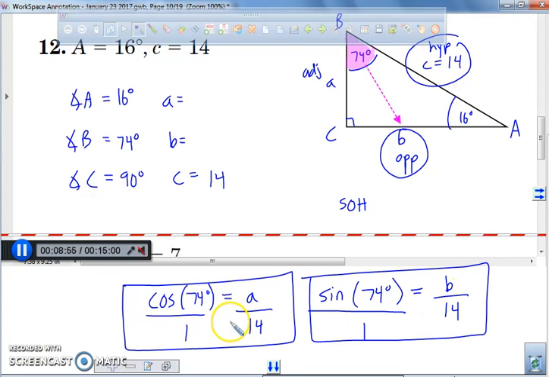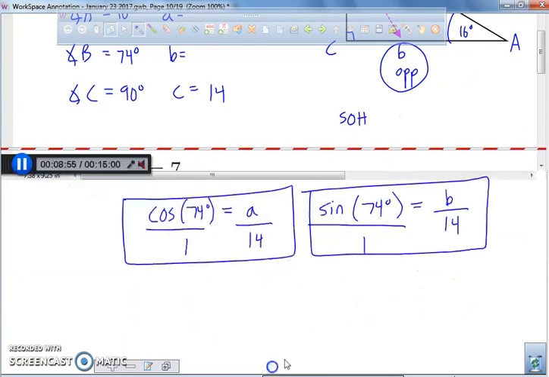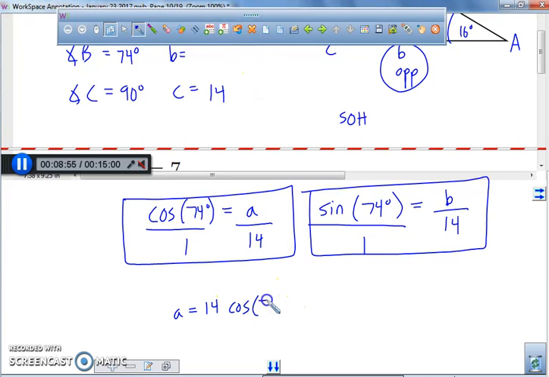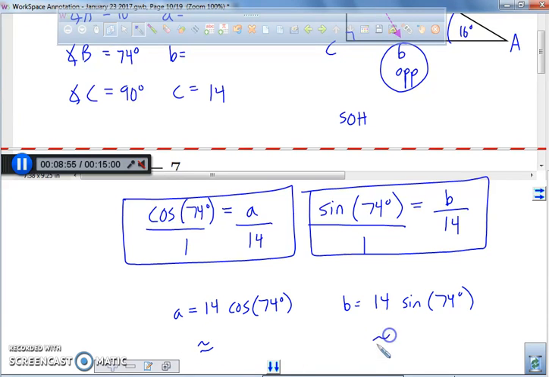I guarantee if you cross multiply, you'll get your two answers. a will equal 14 cosine 74, and b will equal 14 times the sine of 74. That'll give you the approximate value of a. That will give you the approximate value of b. And that's all I have to say.